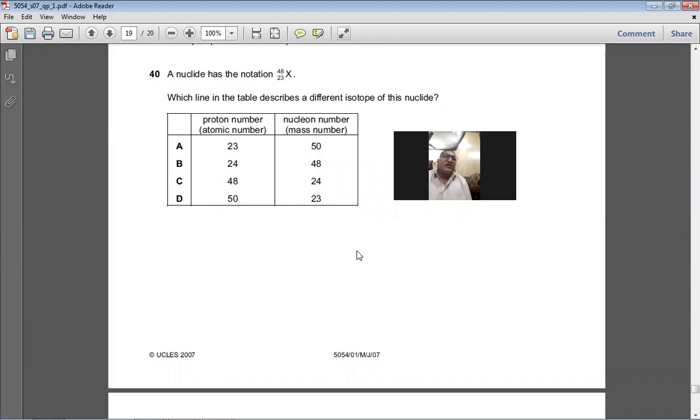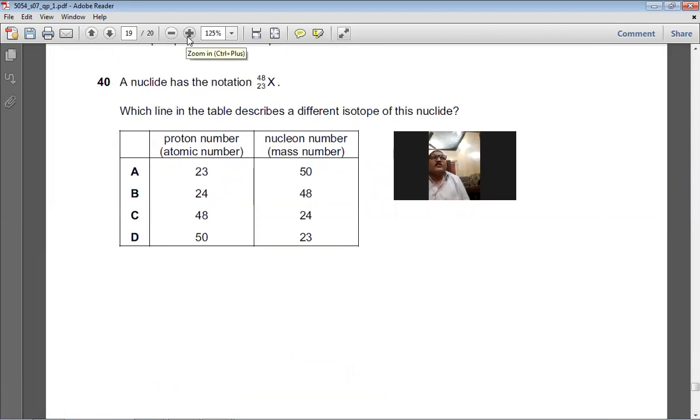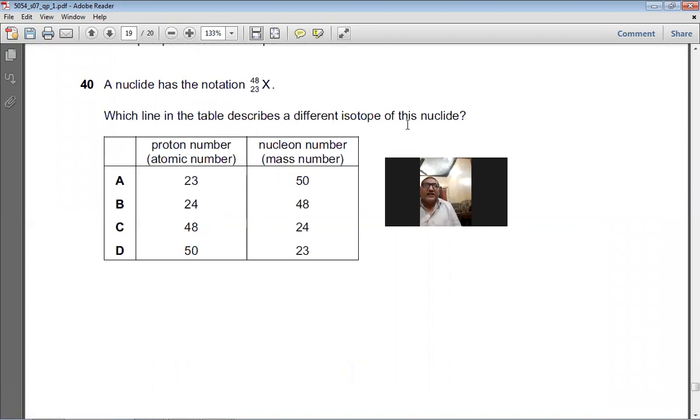Question number 40, a nuclide has a notation of 23, 48. Which line in the table describes a different isotope of this nuclide? An isotope is an atom which has the same proton number, but its nucleon number can be different.